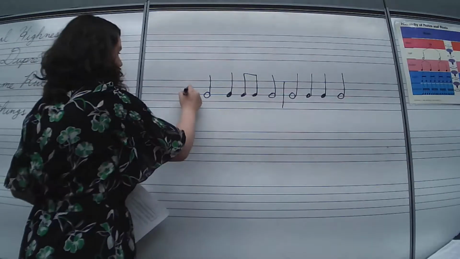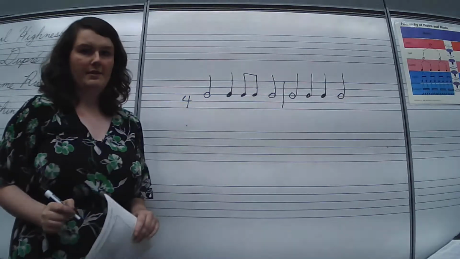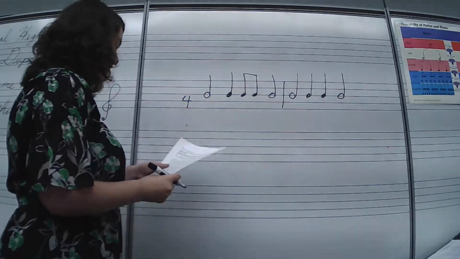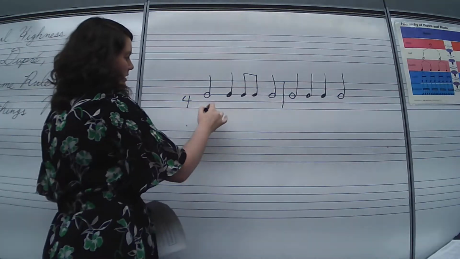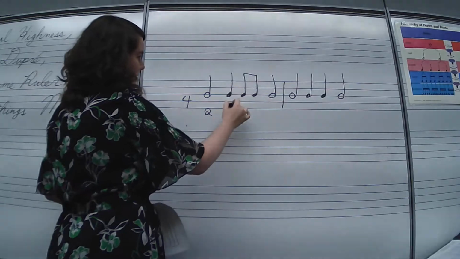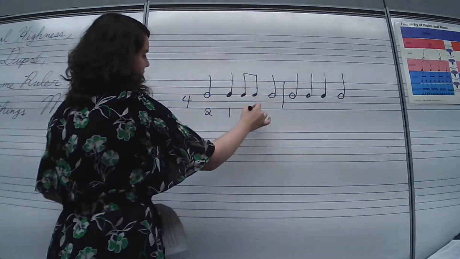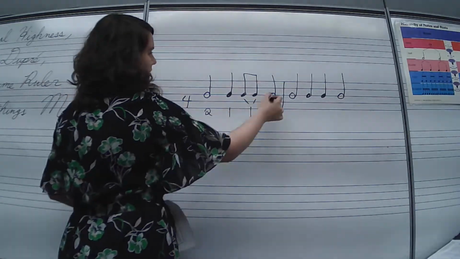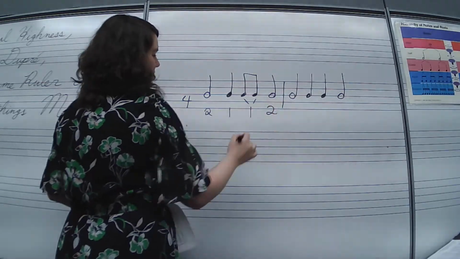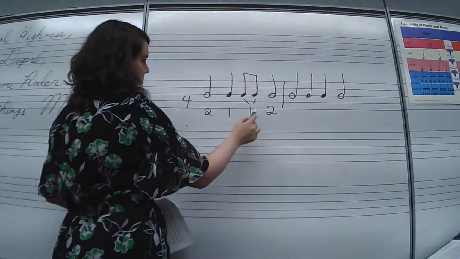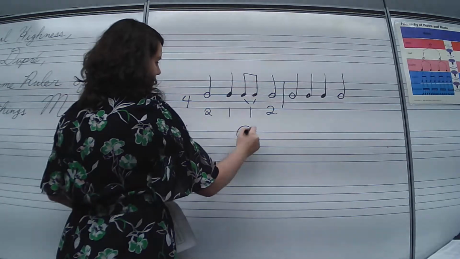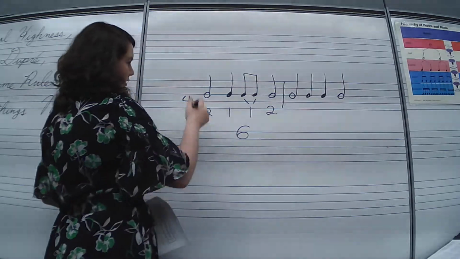We already know the quarter note is getting the beat, so we can put a 4 down there. Now we just need to count how many beats there are. Half note has 2, quarter note has 1. We have 2 eighth notes together that equals 1. And then we have a half note here, and that's 2. So 2 plus 1 plus 1 plus 2 is 6. So probably going to be 6.